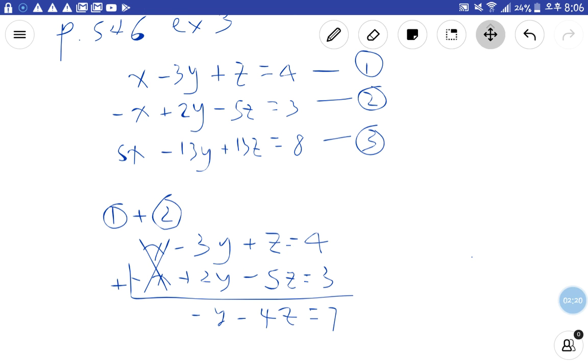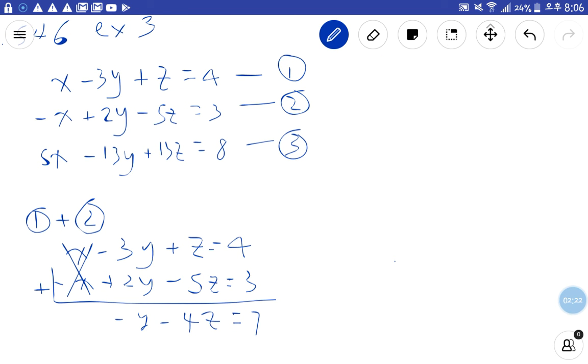So that we are going to have this. I'm going to keep my first one, x minus 3y plus z equals 4. I'm not going to touch anything. Now my second one is replaced with negative y minus 4z equals 7. Now I want to make my last one a 0, right?